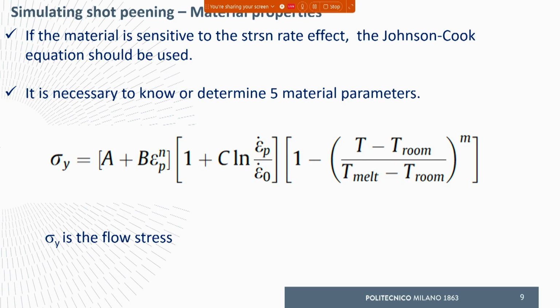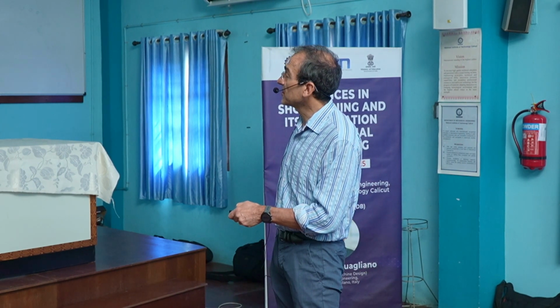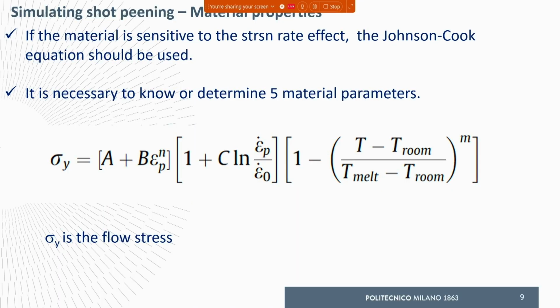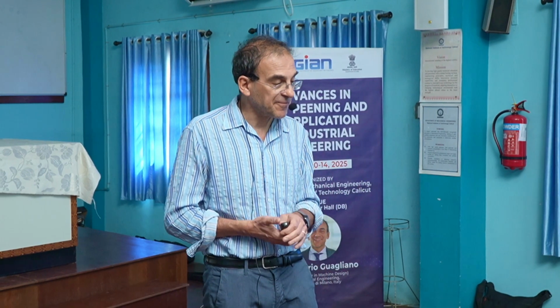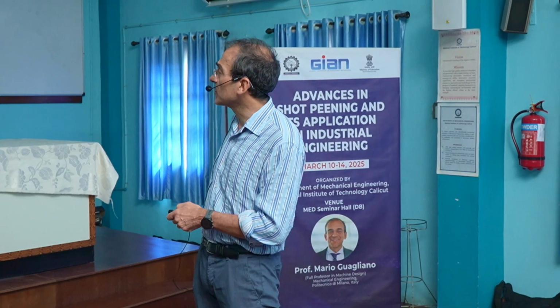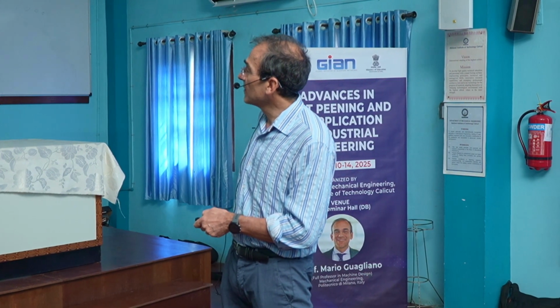And then the second one is the term that is a function of the strain rate: the elastoplastic strain rate, epsilon dot p, over a reference strain rate, in logarithmic form. And then we have the other term that is related to temperature. So if we have an effect of temperature, this can also be considered in the Johnson-Cook equation.